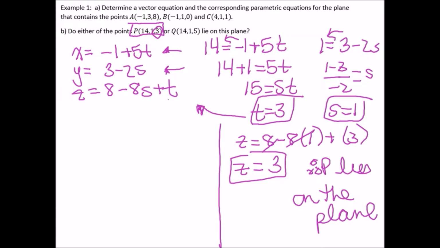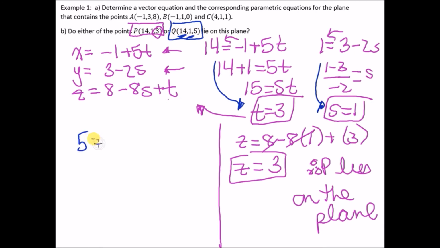Likewise, we can do the same thing, test if q lies on the plane. You should be able to go ahead and try that. For q, 14, 1, we already have the parameters for that. We already subbed that in, and we would get the exact same parameters. Now let's test 5.